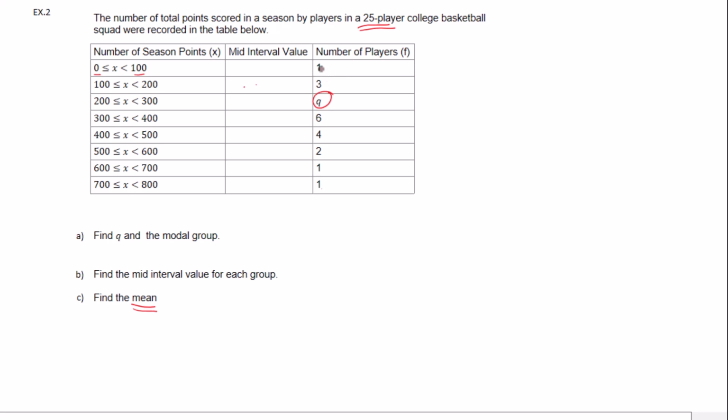So we add the given number of players first. 1 plus 3, 4. 4 plus 6 is 10. 14, 16, 17, 18. So we use 25 minus 18 equals 7. q equals 7. Modal group means mode, appear most. The group will be x greater than or equal to 200, less than 300 is the modal group.